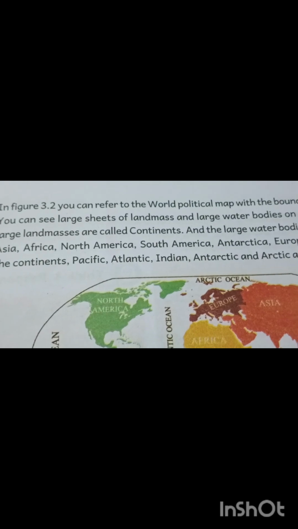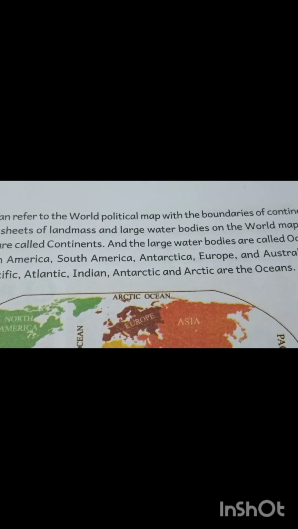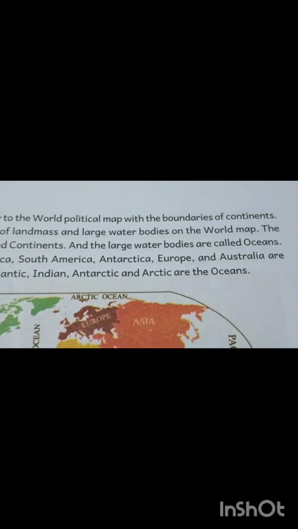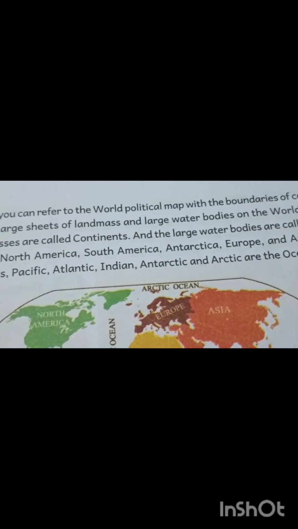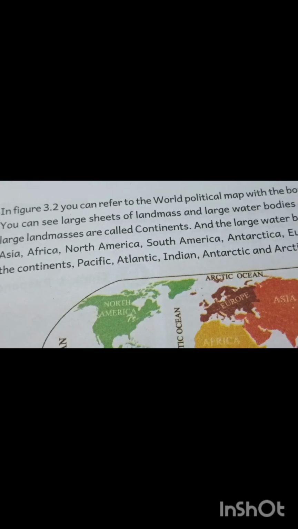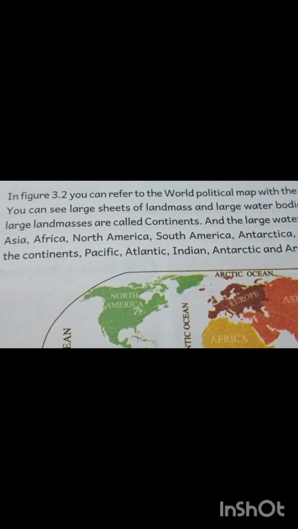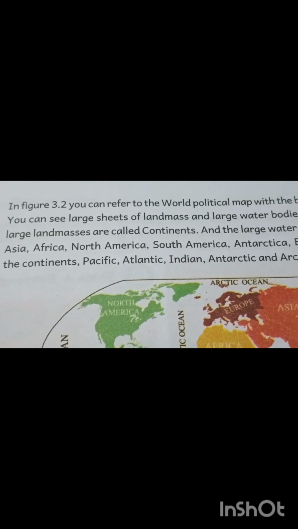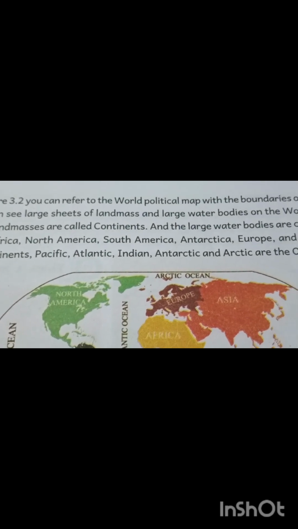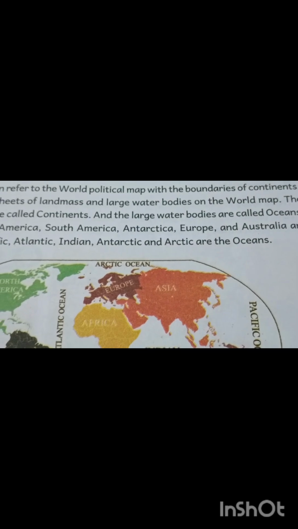You can see larger sheets of landmass and large water bodies on the world map. The large landmasses are called continents, and the large water bodies are called oceans.